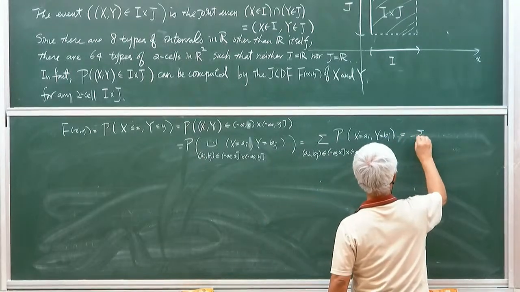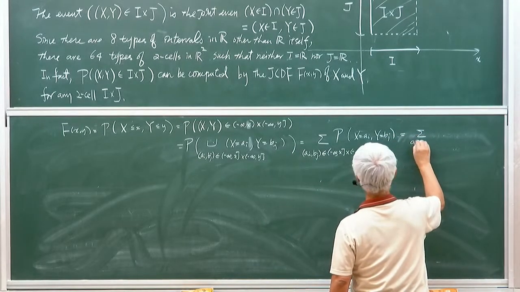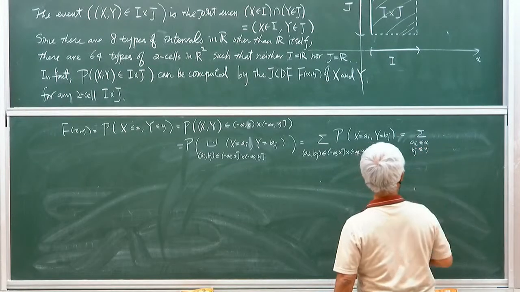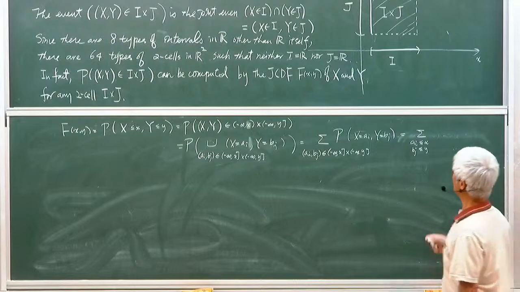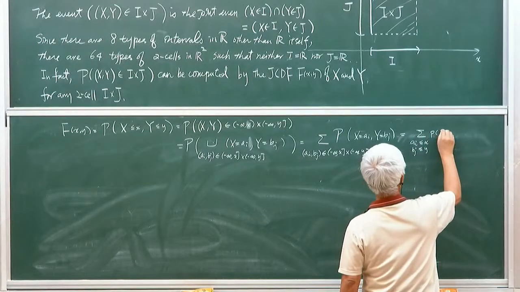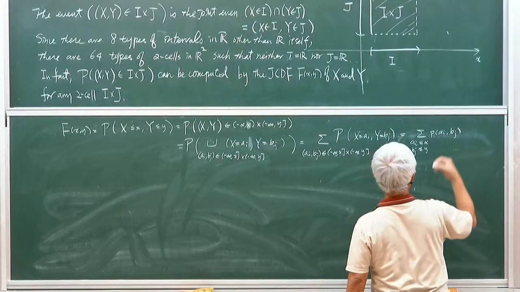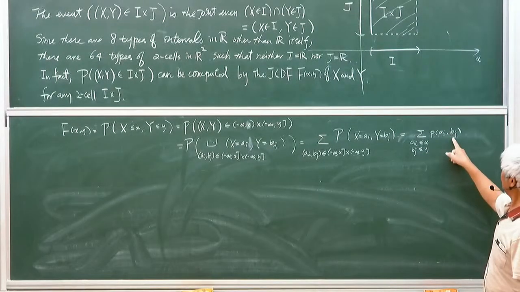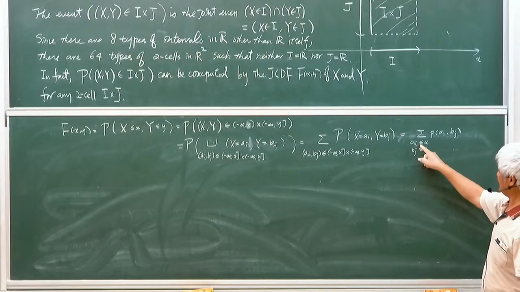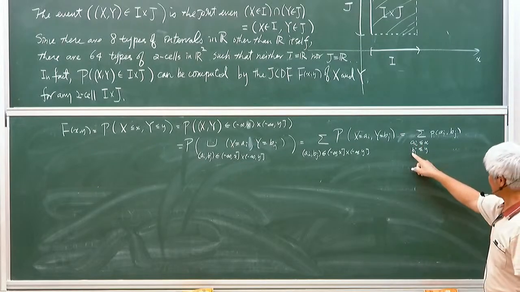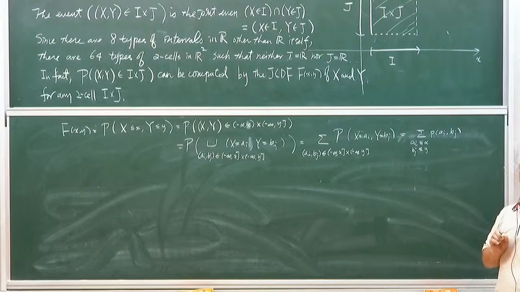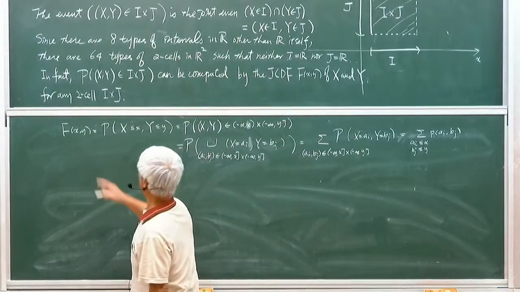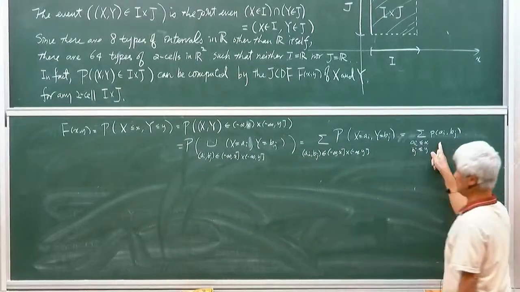So this is a summation over a sub i, b sub j in the set of P of a sub i, b sub j. So you sum over all pairs a sub i, b sub j such that a sub i is less than or equal to x and b sub j is less than or equal to y. Right. So the joint CDF can be computed by this formula.